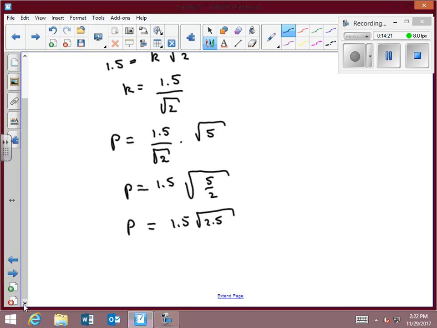Thought about something. In the last class, I took 5 into 2 and got 1.5, or 2 into 5. I just was remembering that. So what is 1.5 times the square root of 2.5?